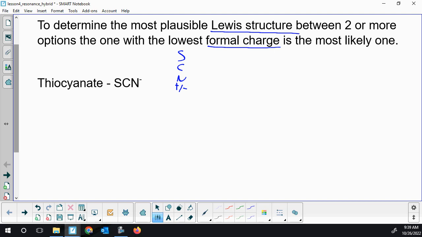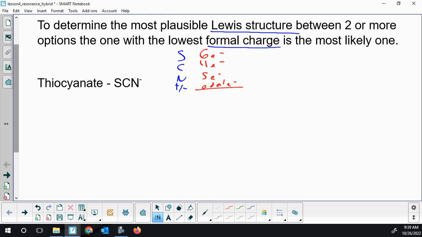So sulfur is in group 6, carbon is in group 4, nitrogen is in group 5. Each group tells us how many valence electrons it has, and then it has a -1 charge, so I'm going to add 1 electron to factor in the charge.